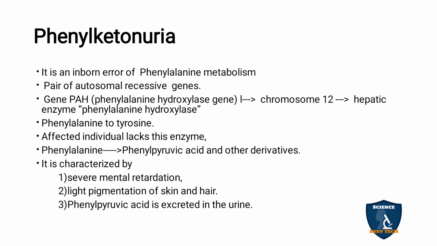If it is not present, phenylalanine won't convert to tyrosine, and phenylalanine is converted to phenylpyruvic acid and its derivatives. Due to this accumulation of phenylpyruvic acid, some symptoms are seen in the patient. Severe mental retardation is seen, high pigmentation of the skin and hair, and phenylpyruvic acid is excreted in urine.